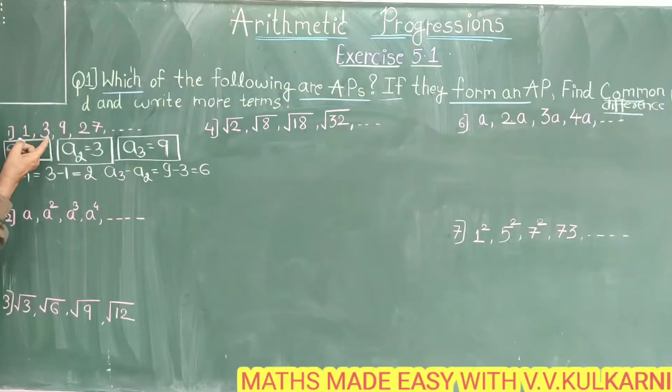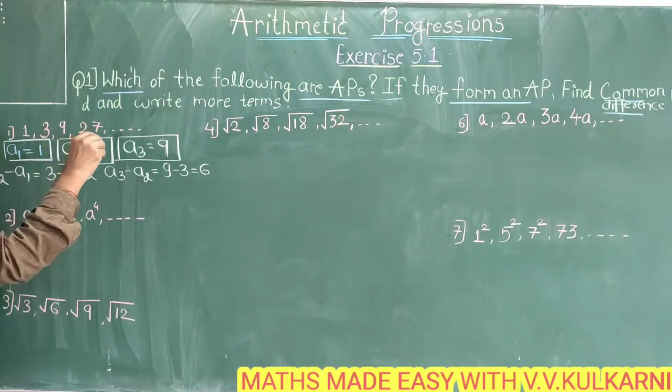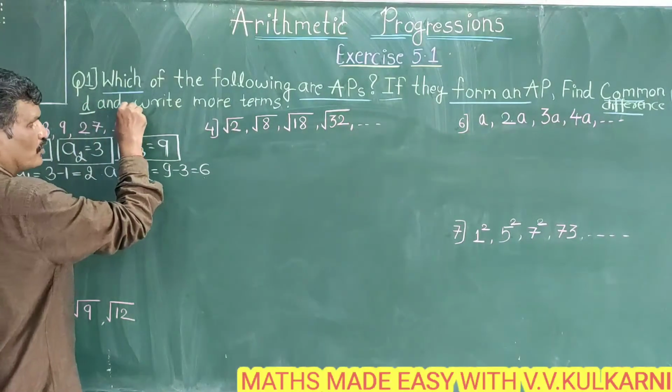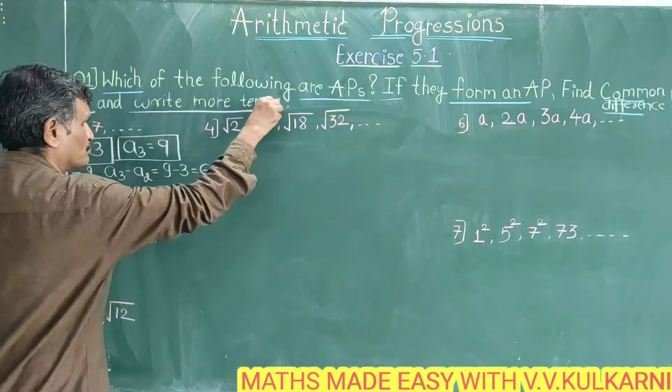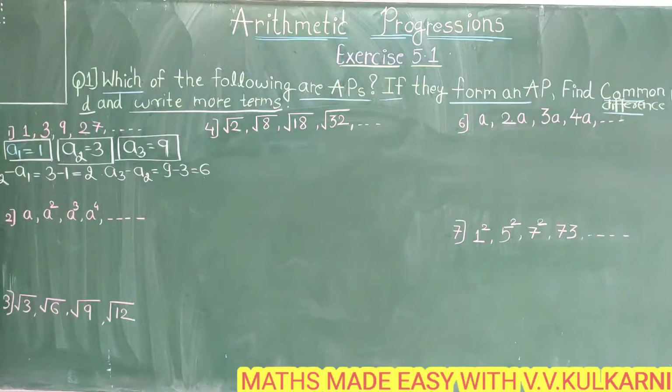The difference between the second and the first term and the difference between the third and the second term are not equal. 3 minus 1 is 2, 9 minus 3 is 6, and even 27 minus 9 will not be equal to these common differences. Therefore, it is not in AP. If it is not in AP, why should I write more terms?